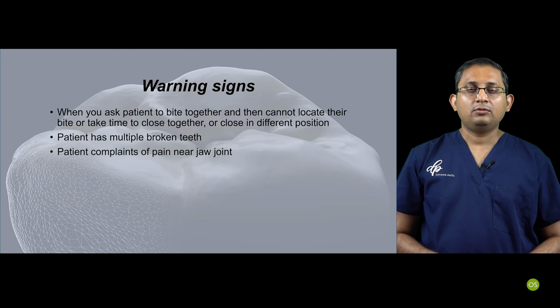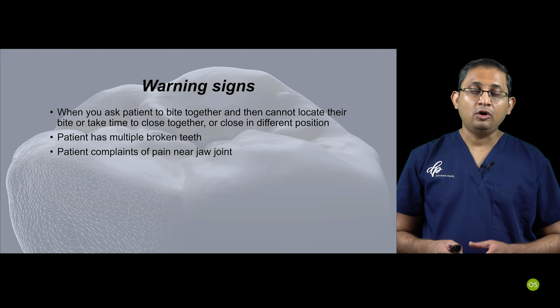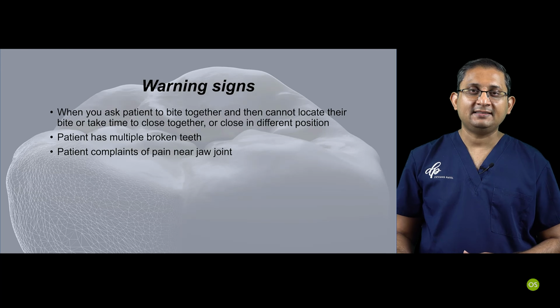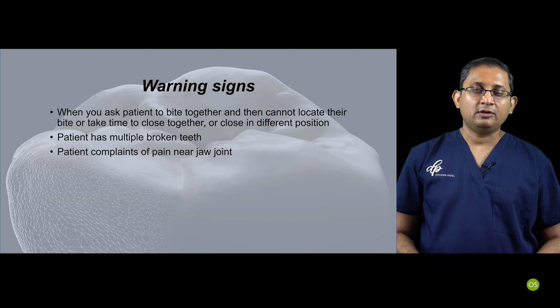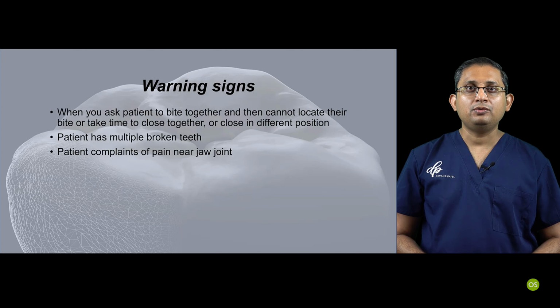As I said, I usually do the occlusal examination along with my full clinical examination, which also includes soft tissue examination, periodontal health examination, cancer check, and all the various examinations you would do for a full clinical examination. However, in this video, we will concentrate on just the occlusal examination.